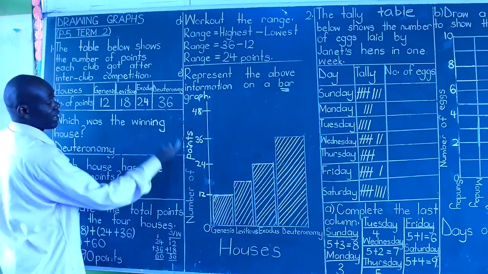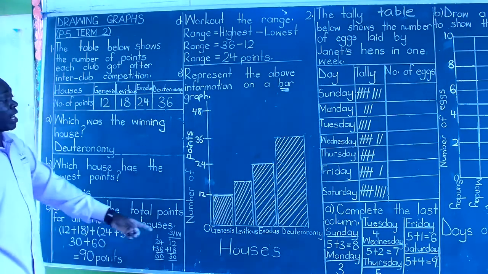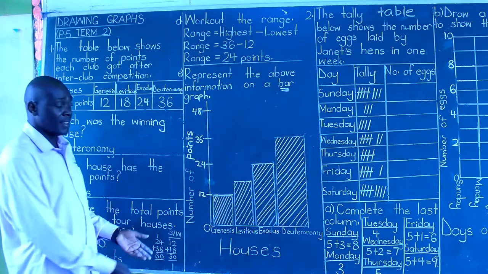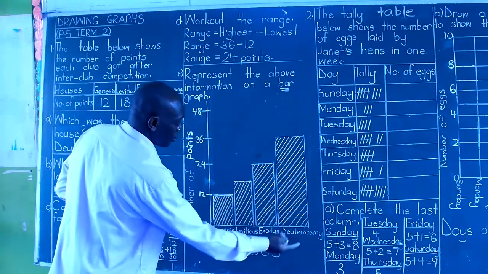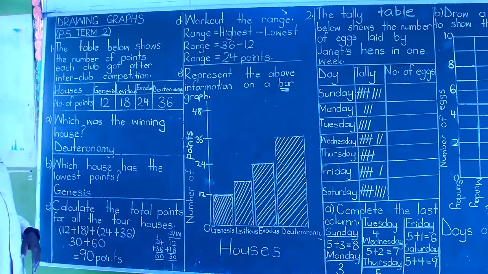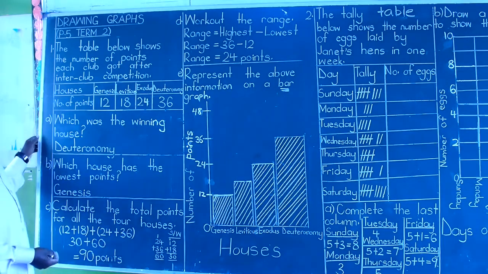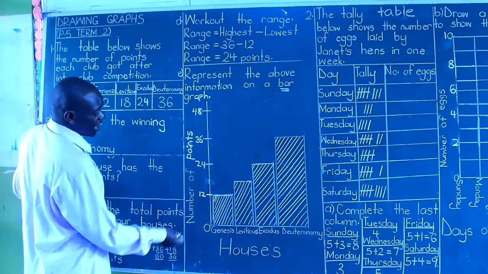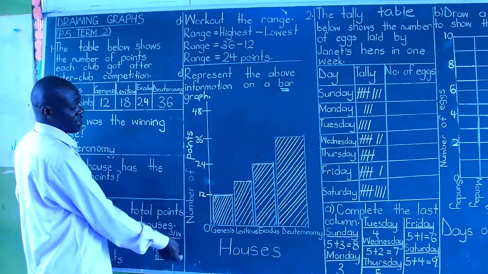Now, vertically, I have the number of points, and horizontally, this is the horizontal axis, we show the houses. The number of points are all divisible, so we can divide this axis in 6s or 12s if you want.